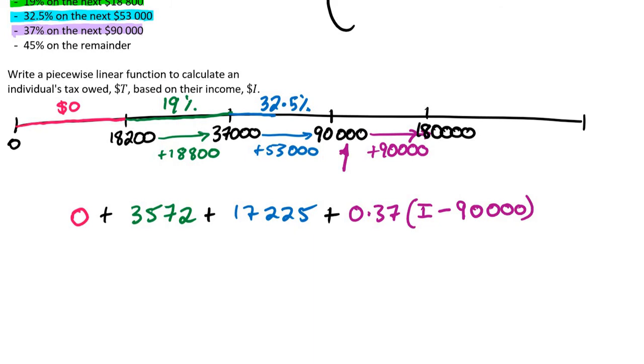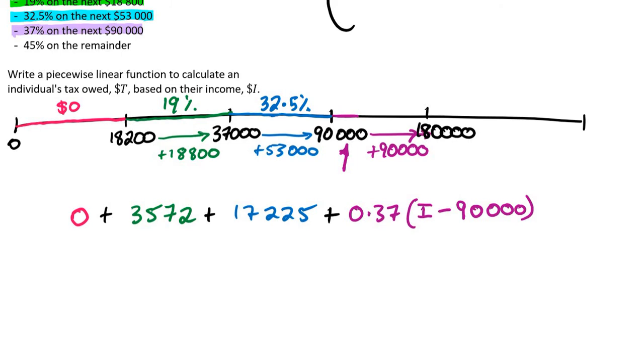So they're paying all of the pink amount, all of the green amount, which is 3,572, all of the blue amount, 17,225, and then whatever is over in here, the difference.